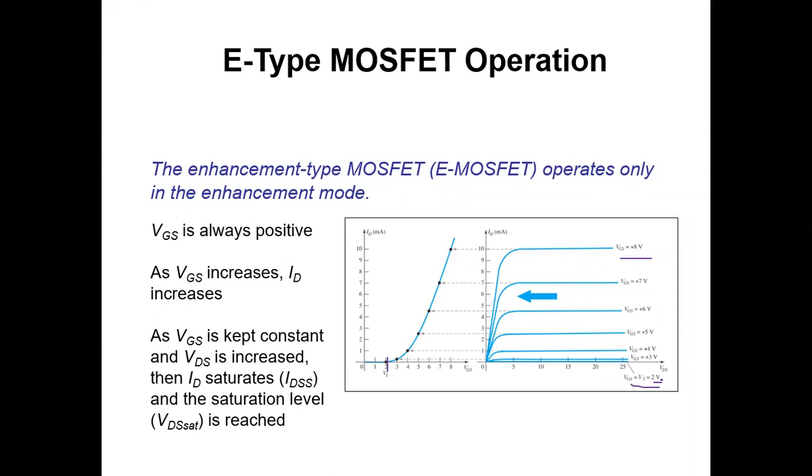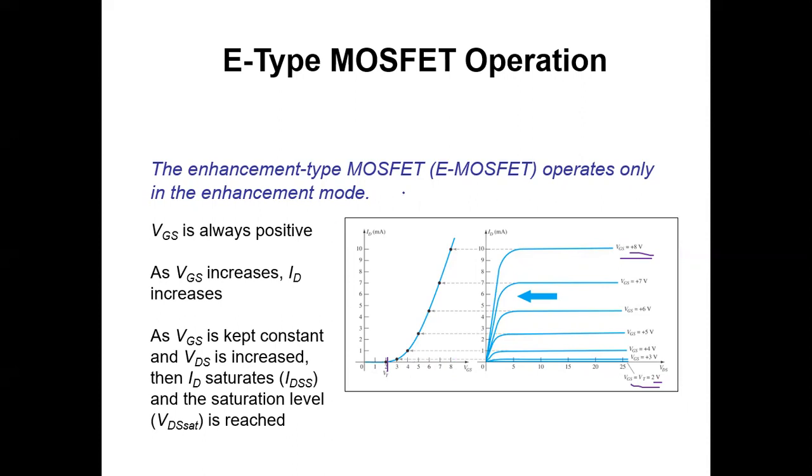This is ranged from VGS equal to 2 to VGS equal to +8. Below 2 volts, there is no channel formation. There will be no flow of electrons, and there will be no conduction of carriers. So that is about the enhancement type MOSFET.